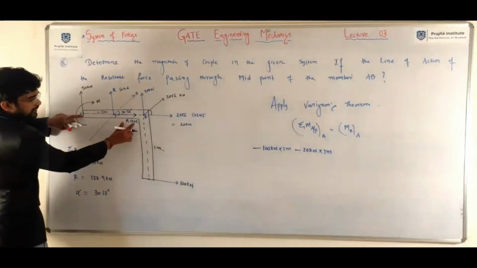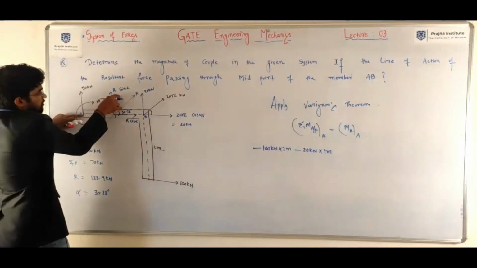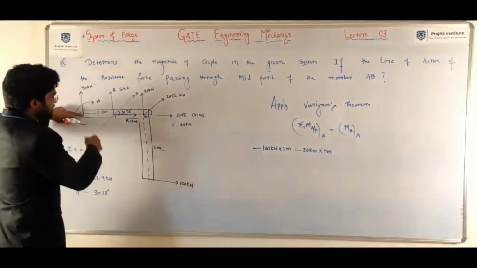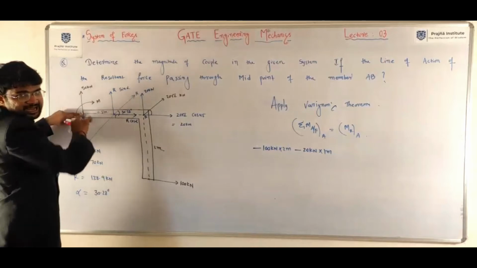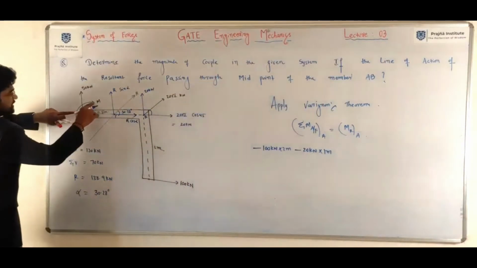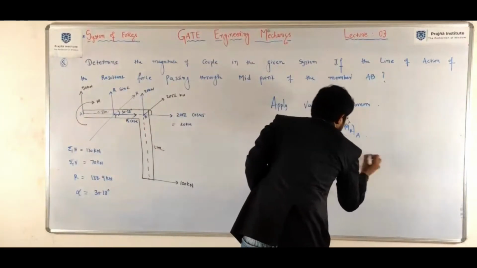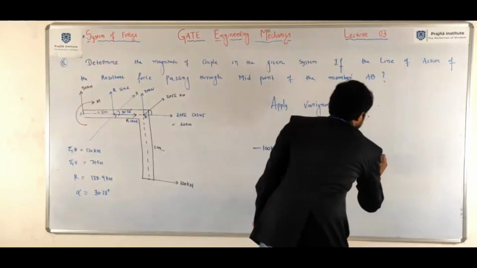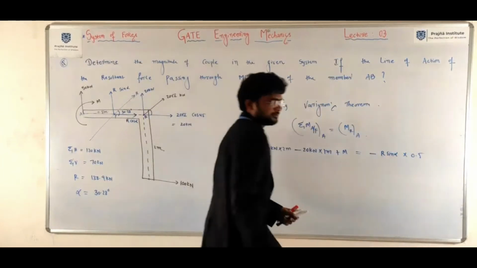After that, moment of R cos alpha about this point, 0. Moment of R sin alpha about this point, you will write on the right side. The moment is clockwise, minus R sin alpha into 0.5.